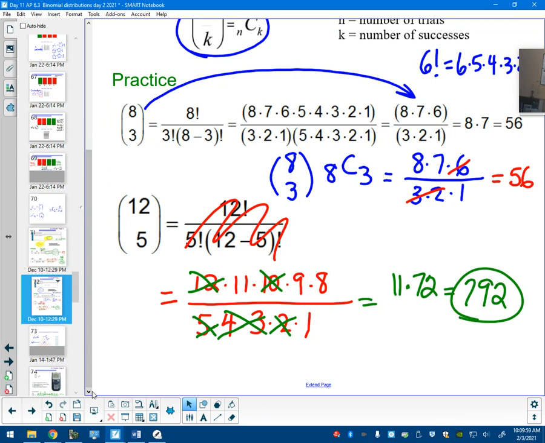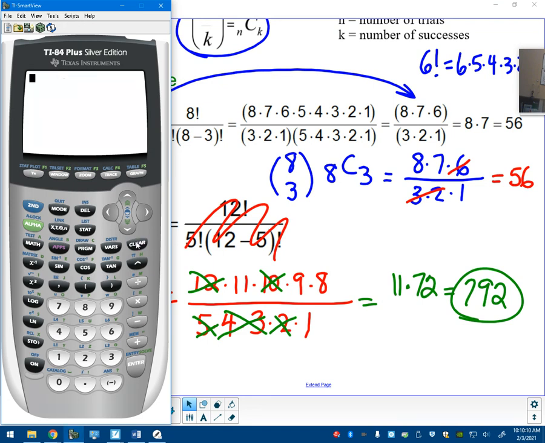All right, this can be done in your calculator as well. Of course, it has the R instead of the K, but here's how you get to it. You go to math. To get to probability, it's quicker if you just left arrow. And then do you see it in number 3?